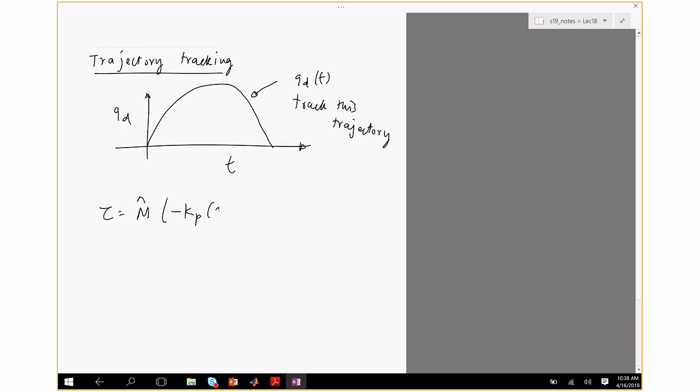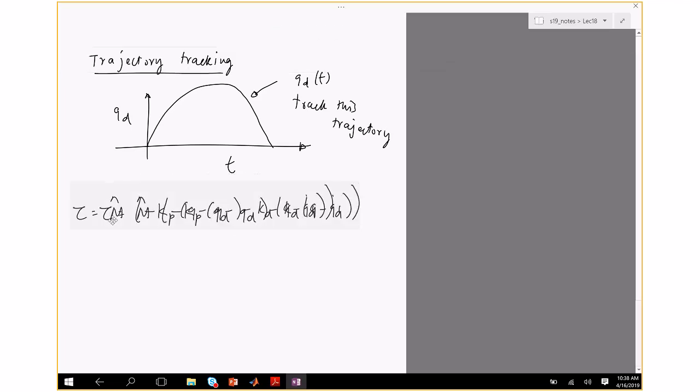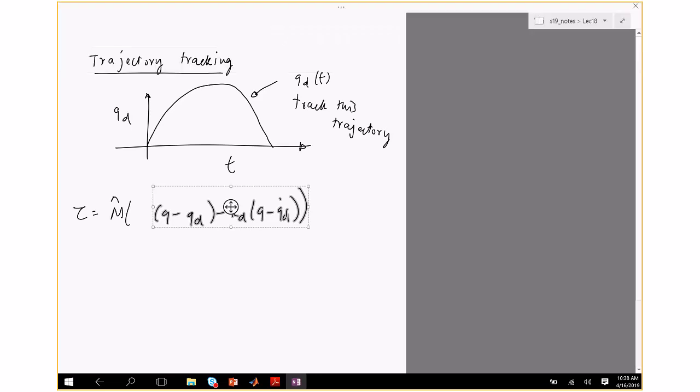You just change the set point: minus kp (q minus qd), minus kd (q dot minus qd dot), plus c hat q dot plus g hat.